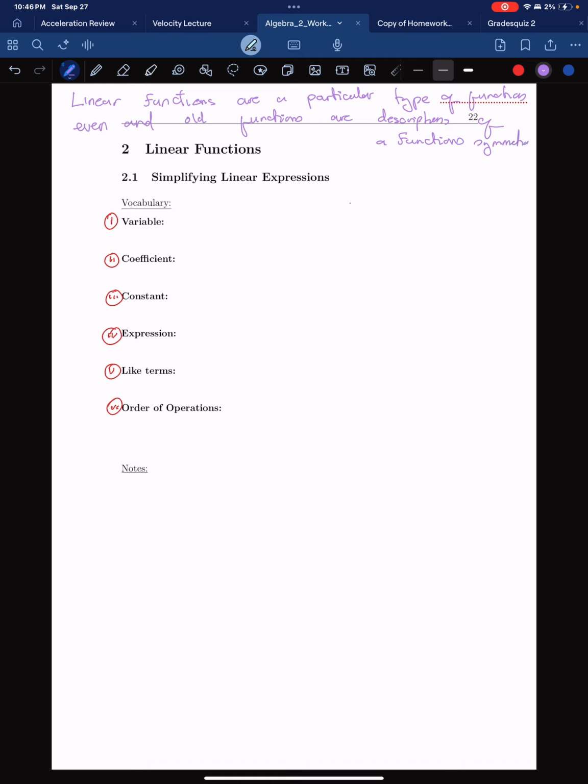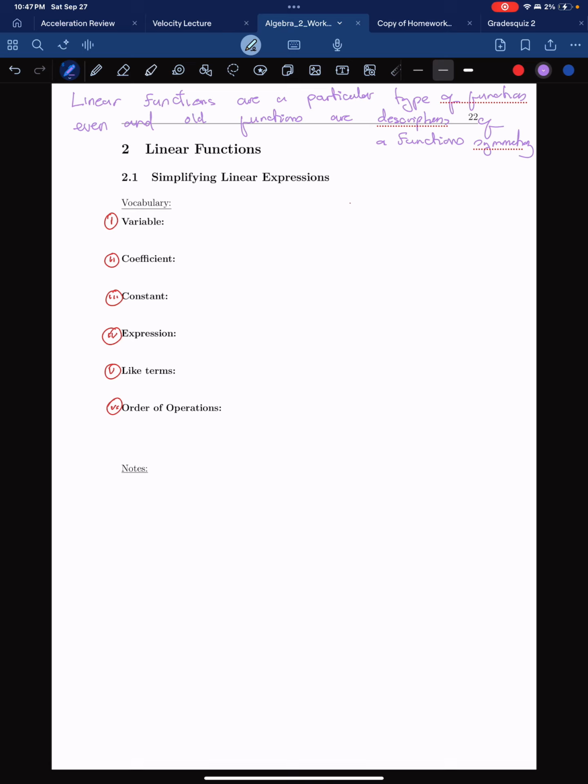All right, awesome. Before we go into our section on linear functions, I would like to go over a few definitions, just to make sure we're on the same page. You probably already did this in Algebra 1, but I think a review of these would be good, and I'll try to be as fast as possible.